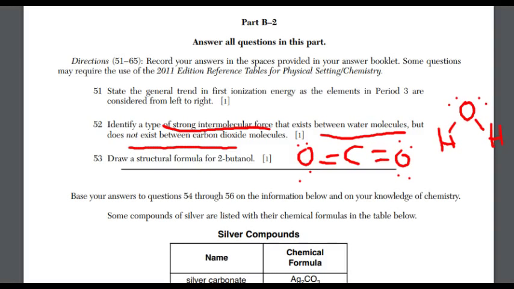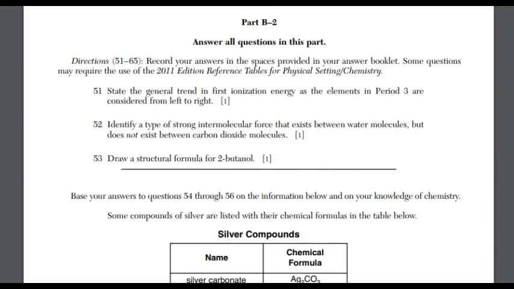For 53, we have to draw a structural formula for 2-butanol. Now, there are some reference tables with regards to organic chemistry, so let's go to it. Okay, so there are 3 organic tables. As a matter of fact, the first one here has to do with prefixes. So we were looking at 2-butanol.